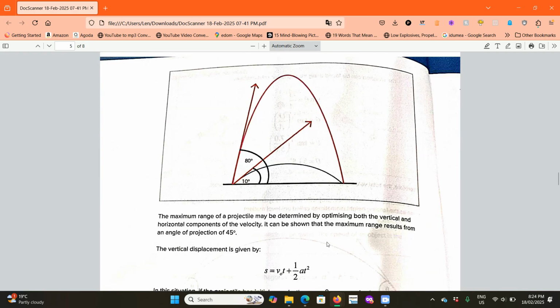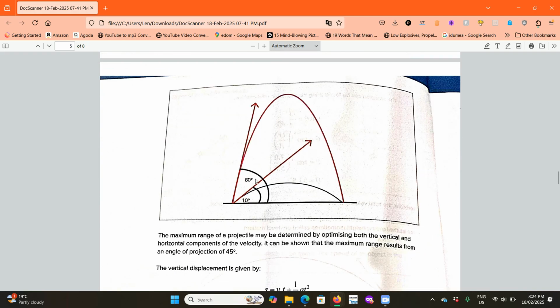Okay, as shown in this diagram here. I find another drawing one. Anyway, so we have a 10-degree angle down here. As you can see, not much height, but same range, a good range. We have an 80-degree angle up here, lots of height, same range. 80 plus 10 is 90 degrees.